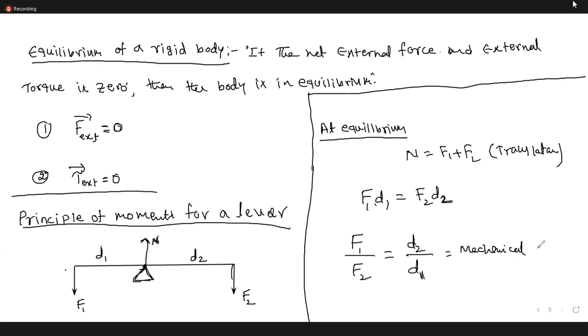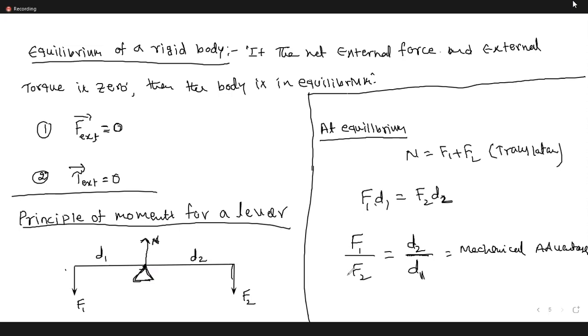Mechanical advantage means that even with the same force we can lift the object. For example, with a longer leg, if we increase D2, we can increase the force F1.